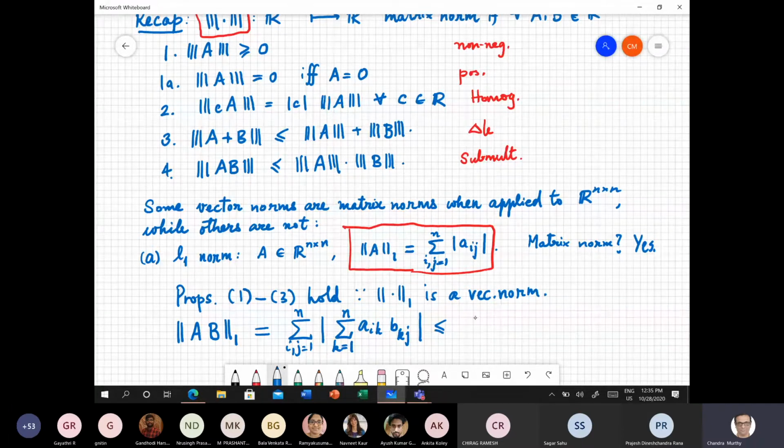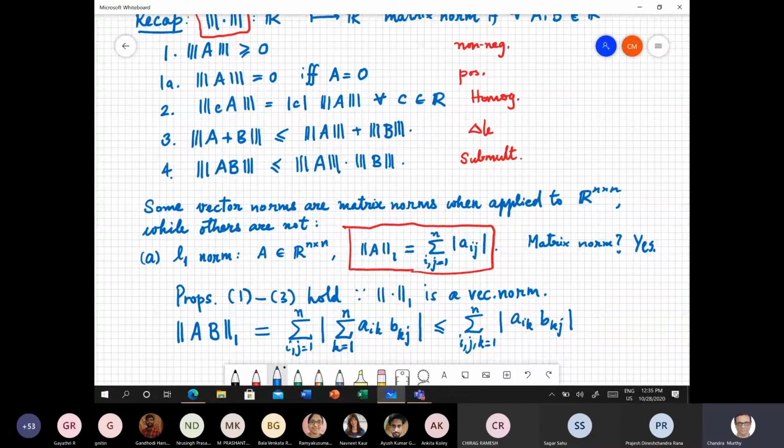This is less than or equal to the summation. Because the summation will go over i, j and k, I'll just write them together: i, j, k equal to 1 to n, mod of Aik times Bkj.